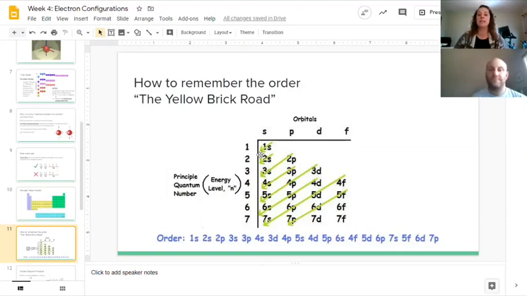After I finish the first arrow with the 1s, I continue where the next arrow starts, which is 2s. Then it would go to the next arrow, which is 2p and 3s, and so forth. Once you finish one arrow, you continue to the next one. It would end up looking like this as the final order.